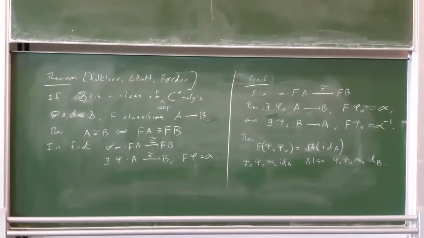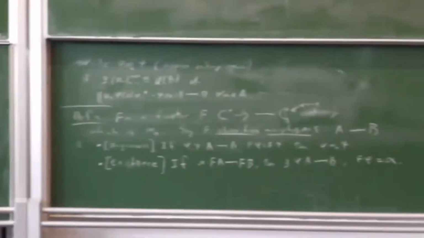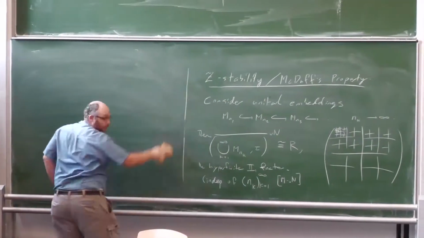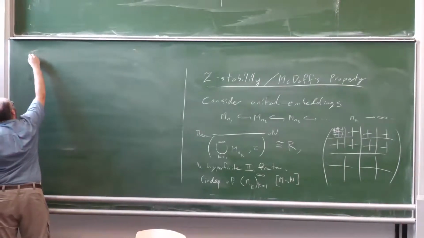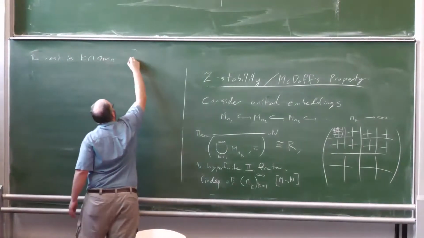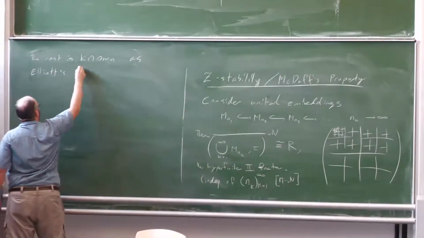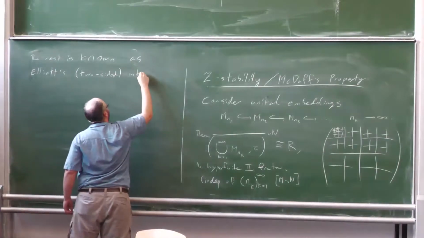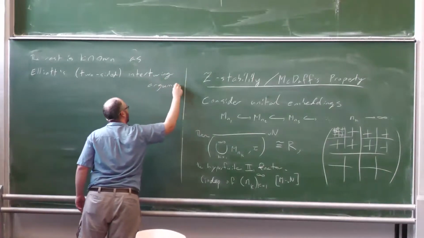Okay, so now the analytic portion of trying to get rid of the equivalence. It's usually called Elliott's intertwining argument, or really one of many things called Elliott's intertwining argument. Sometimes it's the two-sided intertwining argument.